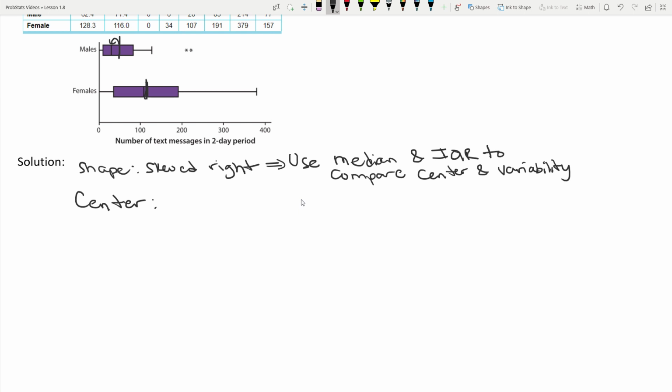So if you look at this, the females typically texted much more over a 2-day period, since the median was 107.